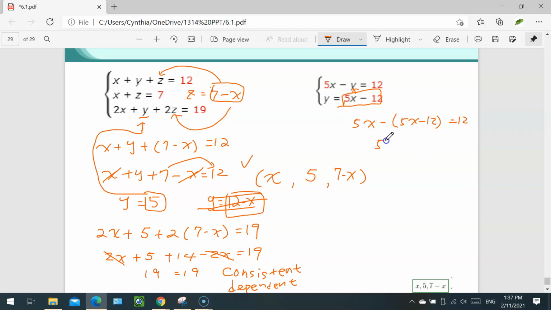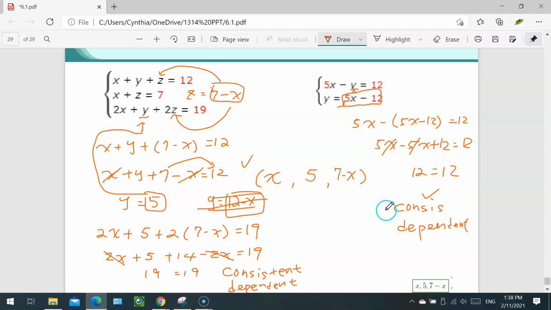Now we solve it. 5x minus 5x plus 12 equal 12. 5x cancels out, you get 12 equal 12. This is true. So that means you have a consistent equation. That means these two variables, they are dependent on each other.